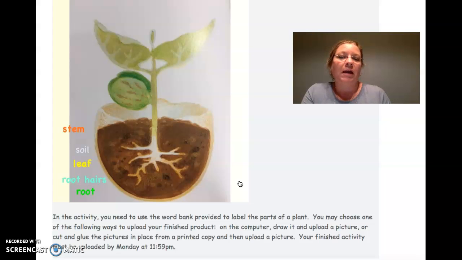They can be very creative where they cut the letters out of the magazine to make the words. They can obviously find a picture online and label it that way, or screenshot what I've provided for them and move the words so that they have a final product to be able to turn in.